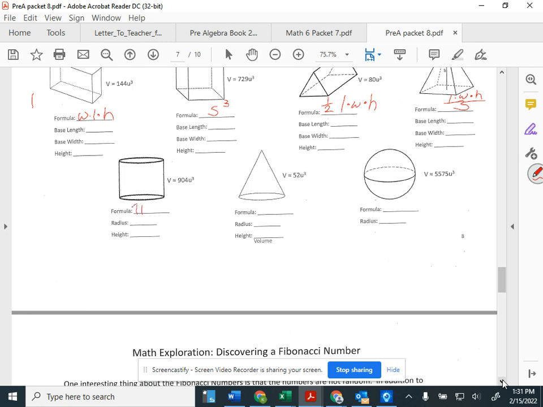Cylinder is pi r squared times the height. Cone is pi r squared times the height divided by 3. And our sphere is 4/3 pi r cubed.